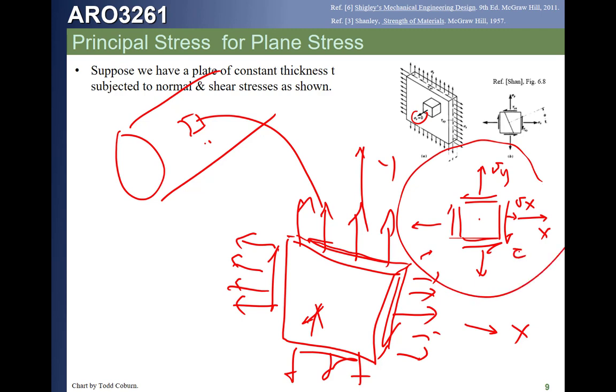These are shear stresses. Now, what we have to be careful of is the sign convention. For normal stresses, our sign convention is generally positive for tension and negative for compression. For shear stresses, remember when we had a beam, positive was chopping off the beam, moving from left to right.